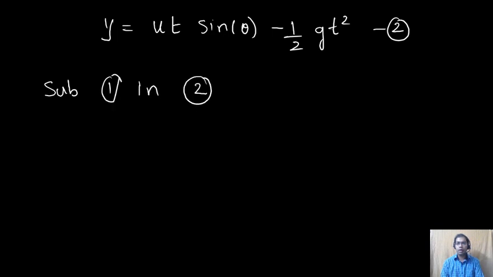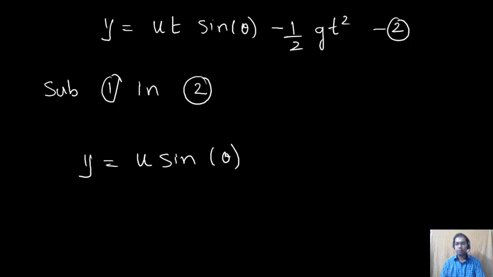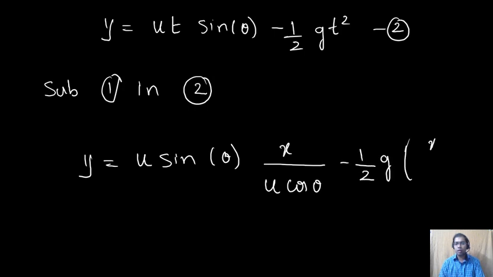The reason I initially found the time from the x-axis is that I am going to substitute it here. So y is equal to u sine of theta into, what was t? From the first equation, it is x by u cos theta, minus half g into x by u cos theta the whole square.